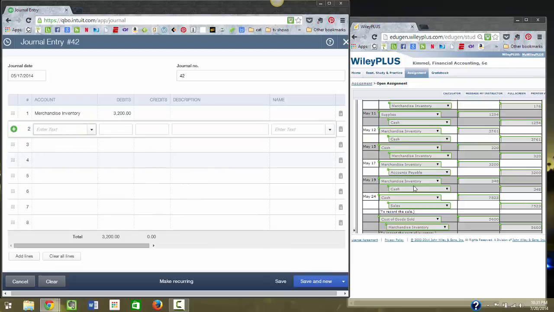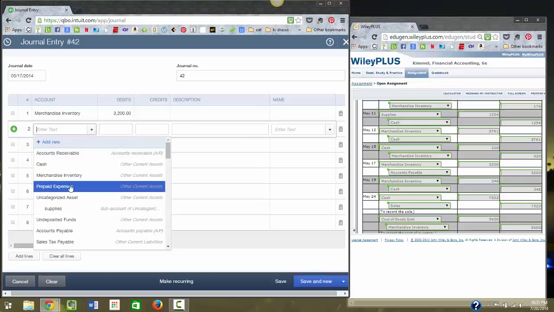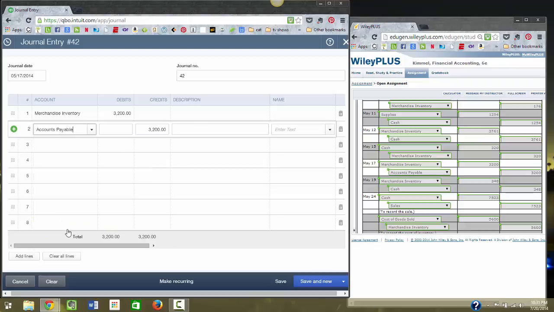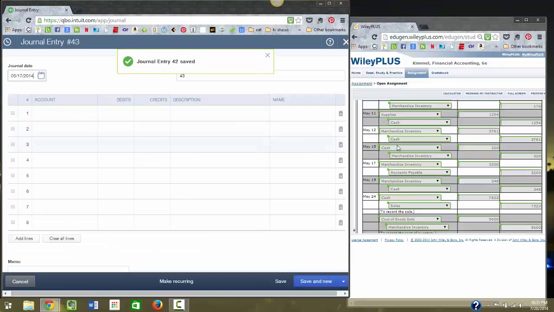And we're going to credit accounts payable for $3,200. And over here, it's an accounts payable, so we're going to find Strickler Distributor vendor. We also have a Strickler that's a customer, but we're looking for a vendor, so there we go. Enter that in. Correct date. Everything lines up. Save and continue.